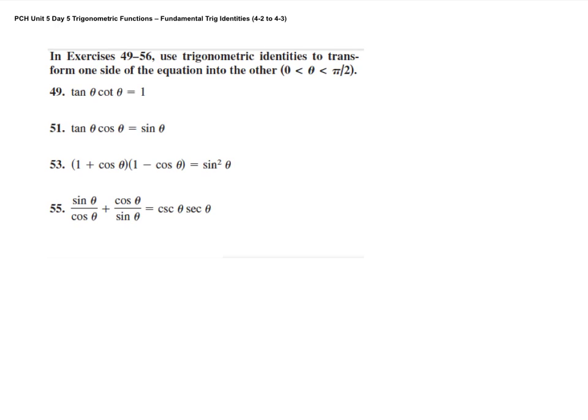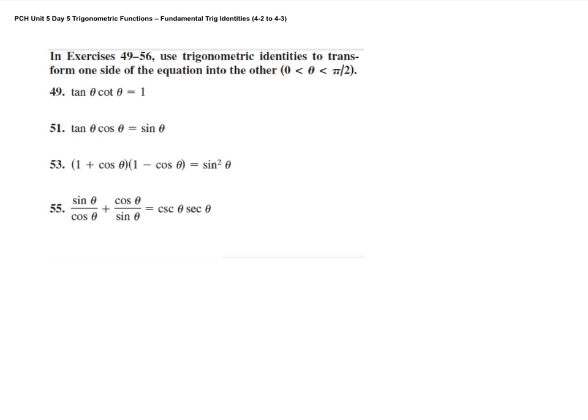I would recommend that you start with the more complicated looking side and try to make it look like the simpler side. You can also do something with both sides and kind of meet in the middle, you know? As long as you end up with the two sides equaling each other, that's what matters, because then you've proven that they're equal.